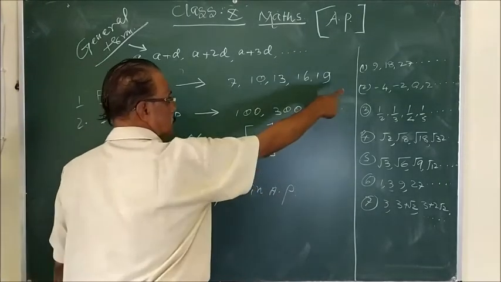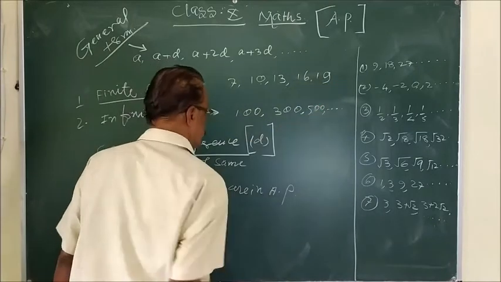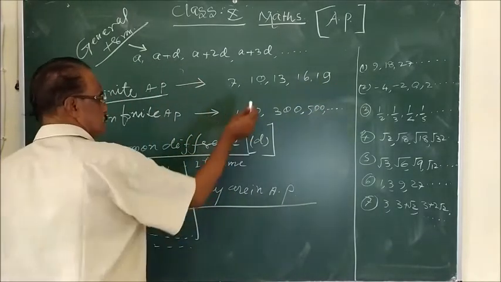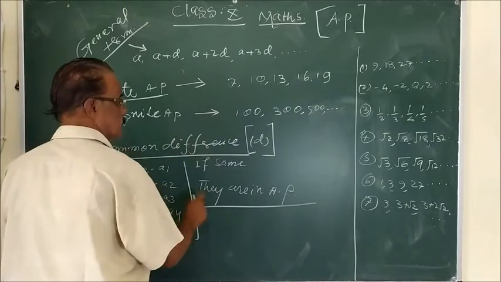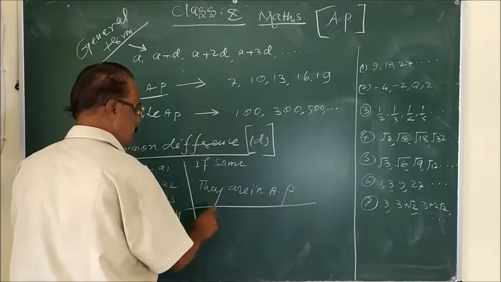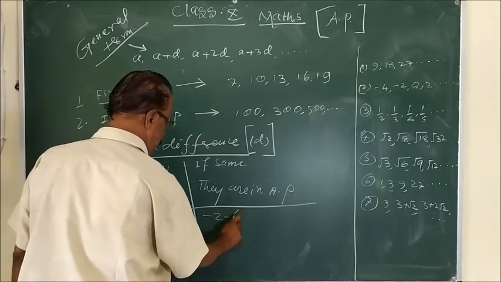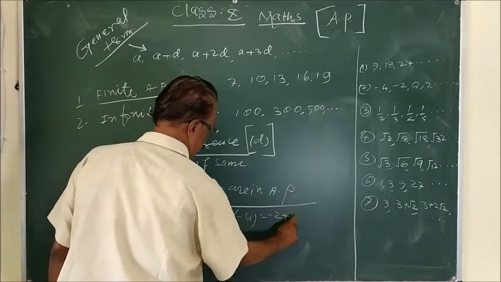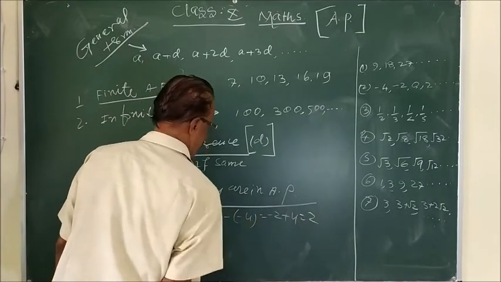So if you want to find out whether these numbers are in AP, you will follow this process. Suppose in question number 2, A2 minus A1: minus 2 minus minus 4, that is minus 2 plus 4, is equal to 2.